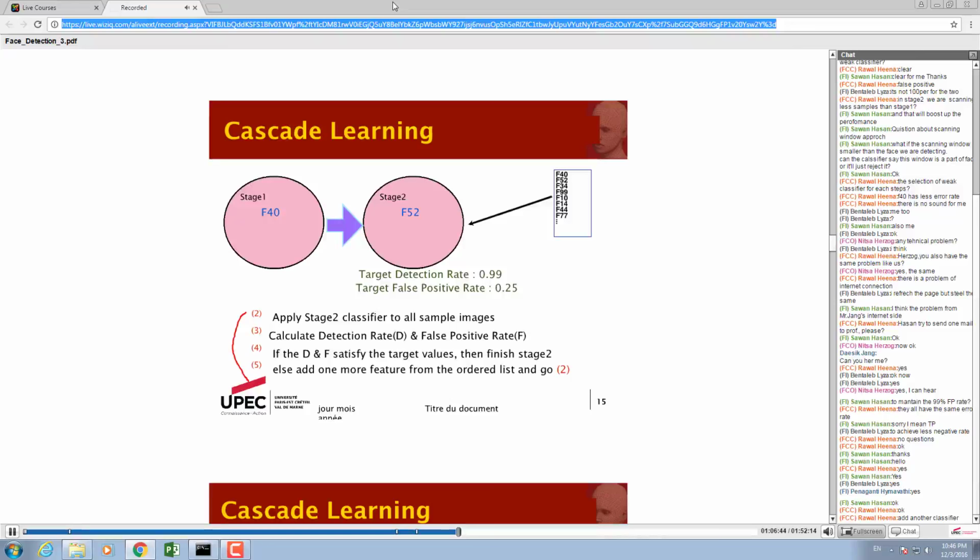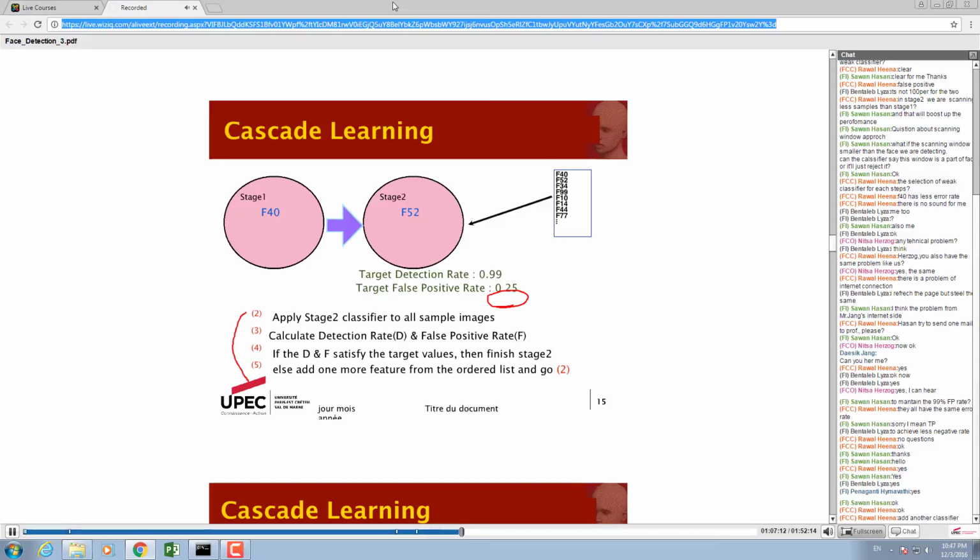And then we apply all the same steps from number 2 to 5. So apply all the samples and calculate D and F, and if D and F satisfy, then finish with F52. But if it doesn't satisfy the numbers, then we have to add more.